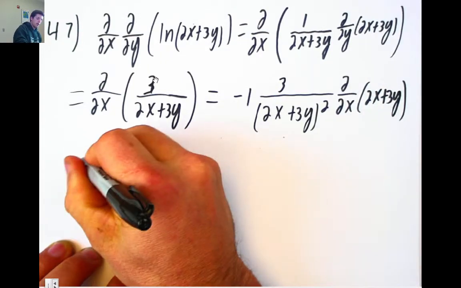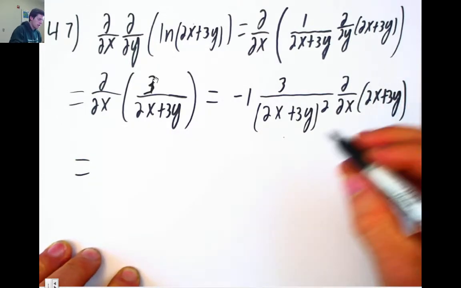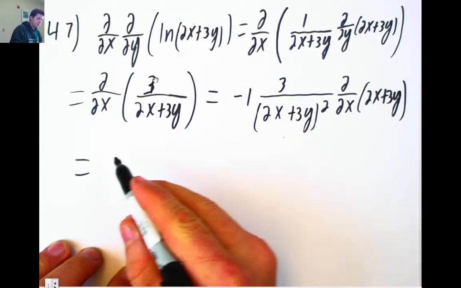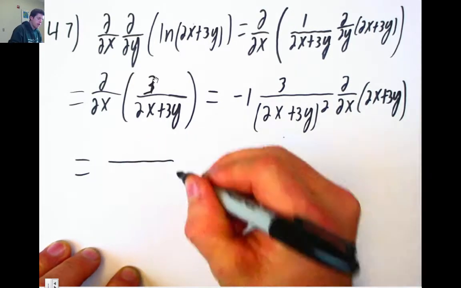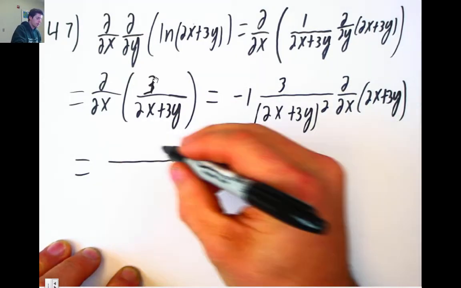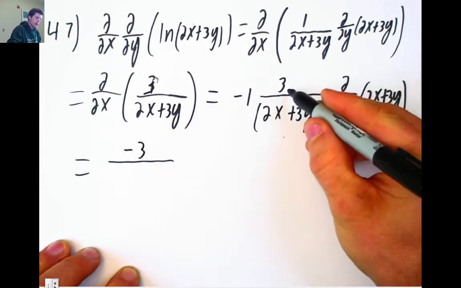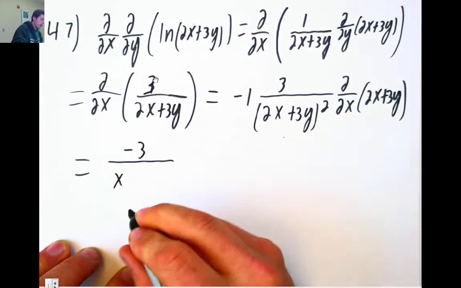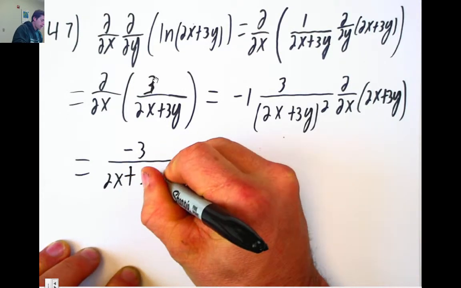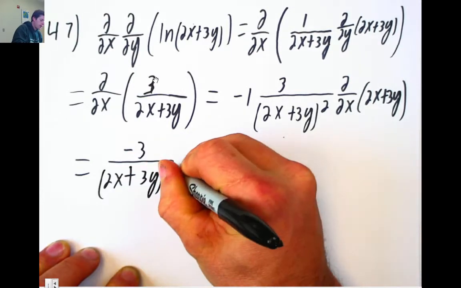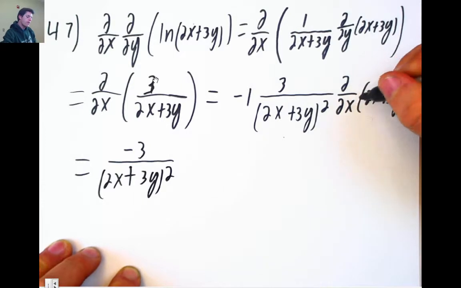And in the end, this comes out to, let's see, I'll put the negative up there, so I've got a negative 3 in the numerator for that. The 2x plus 3y squared is still down there, and then this factor over here, the derivative with respect to x of 2x.